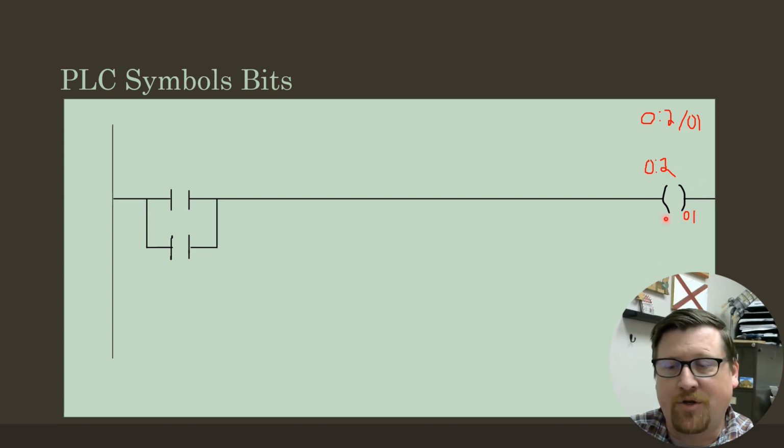A unique thing about PLCs in the way that we can use them internally in the program is because this output is inside the program. Now it is telling the program to do a thing outside of the PLC itself, but it is also working within the program. I can use this address, this O:2/1, on an input.